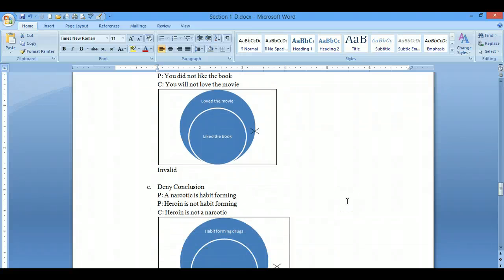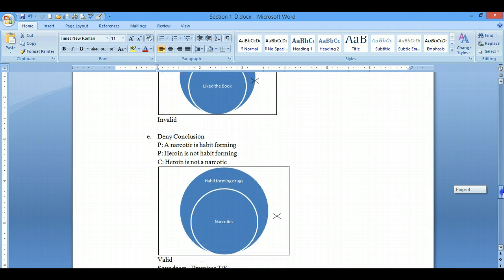So I have habit forming drugs, and the narcotics are within there because all narcotics are habit forming. Okay, my next premise is heroin is not in the habit forming circle. So if it is not within that habit forming circle, I can go outside of that. Therefore, the conclusion of the argument, heroin is not a narcotic.